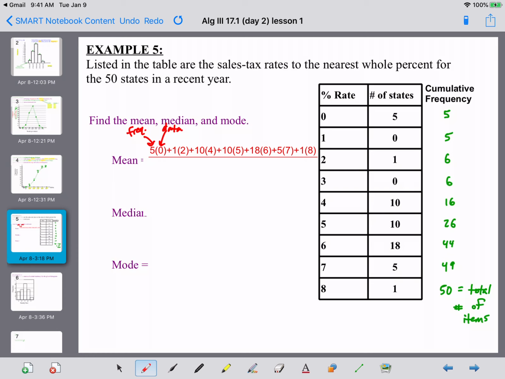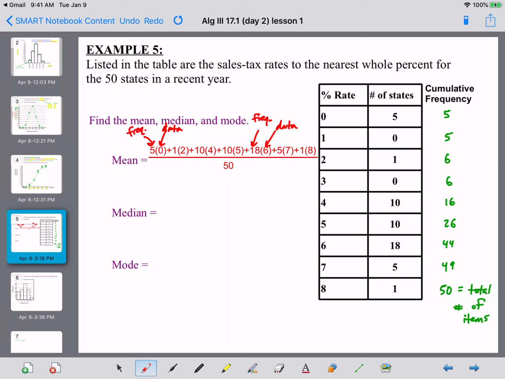Right, so there were 5 states with a 0% rate, or there were 18 states with a 6% rate. So you take your frequency times your data. All right, and then you divide that by the total.